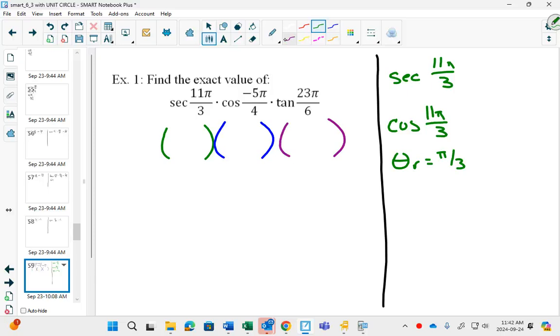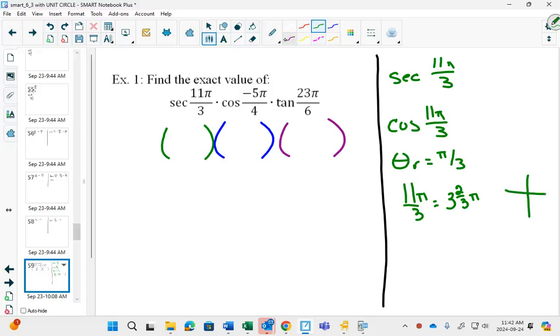The reference angle is pi over 3. That's my family. 11 pi over 3 as a mixed fraction is 3 2/3 pi. What quadrant is 3 2/3 pi going to be?